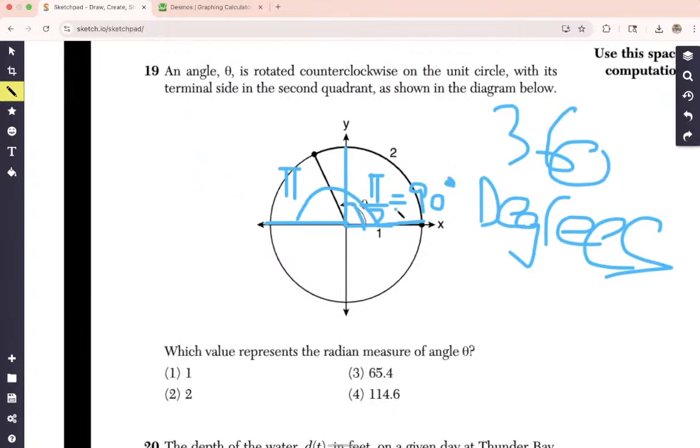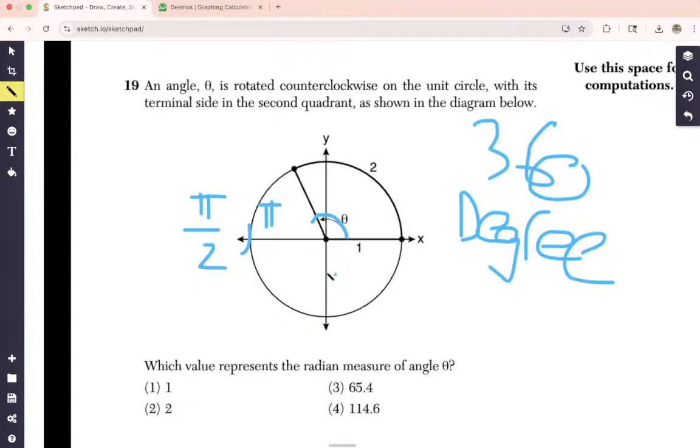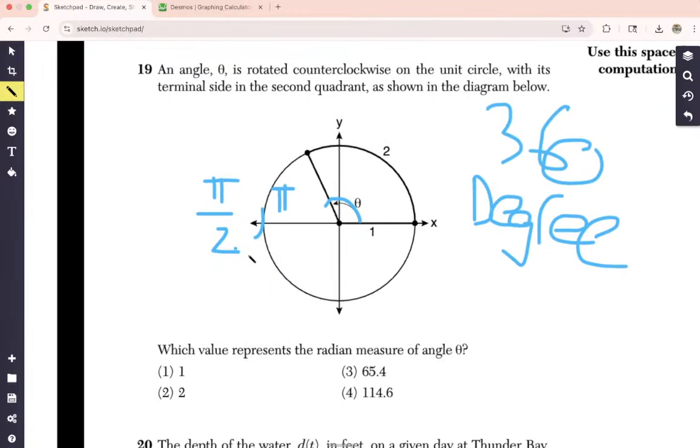Notice whatever angle measure we have right over here, it's in between pi and pi over 2. We know that whatever answer we get, it's going to be in between pi and pi over 2. So let's see, I think 2 would be the correct answer.